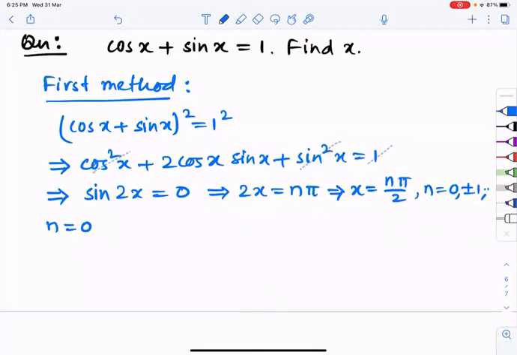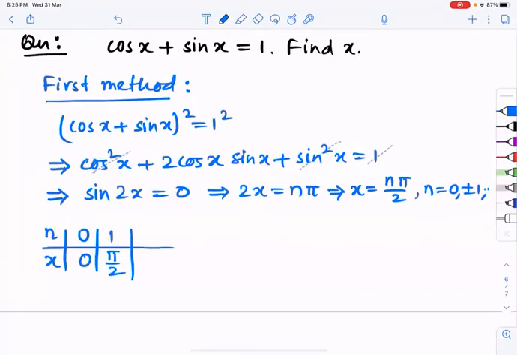N equal to 0 will give x equal to 0. Let me put it in this way. This is the value of n and this is the value of x. If I put n equal to 0, I will get x equal to 0. If I put n equal to 1, I will get x equal to pi by 2. If I put n equal to minus 1, I will get x equal to minus pi by 2. If I put n equal to plus 2, I will get x as pi.